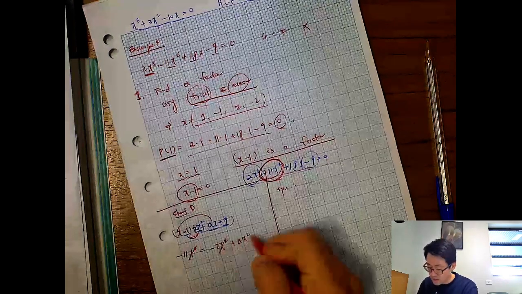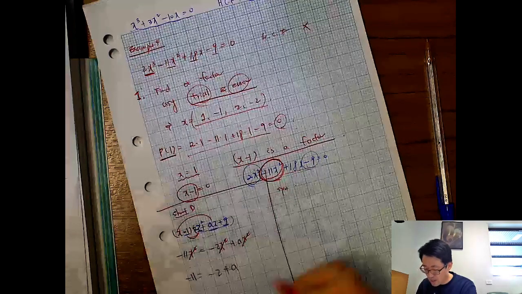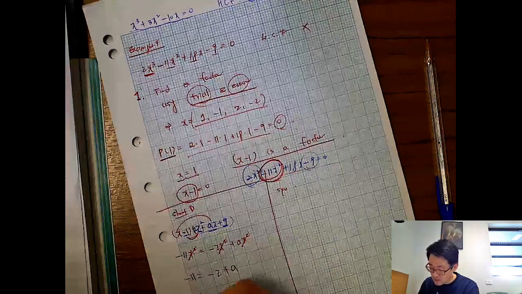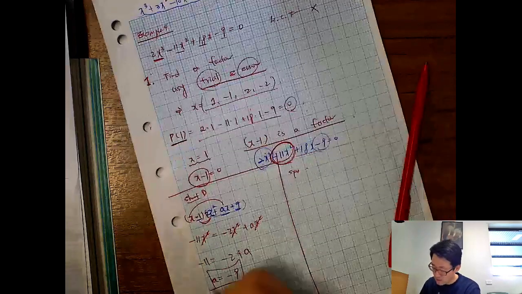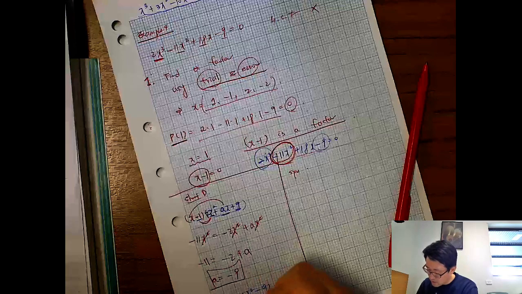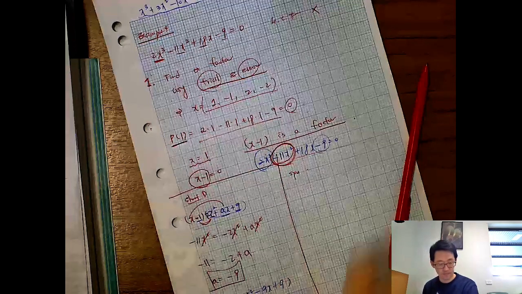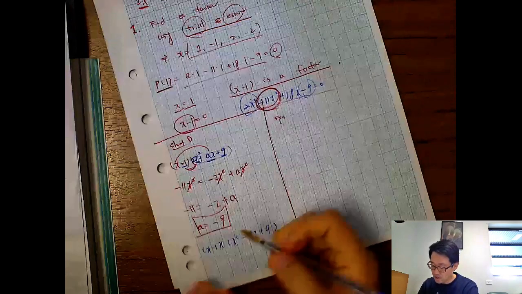Don't worry about the x squared. Minus 11 equals minus 2 plus a. In this case, a equals minus 9. So I can write down x minus 1, 2x squared minus 9x plus 9. Okay, and then I can continue.